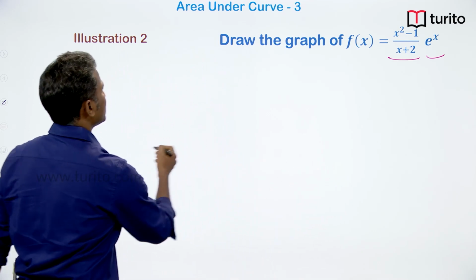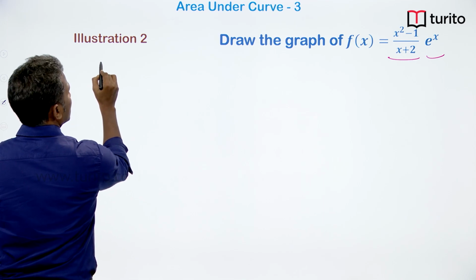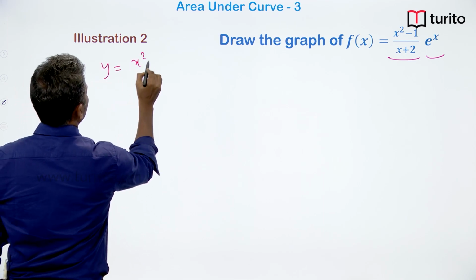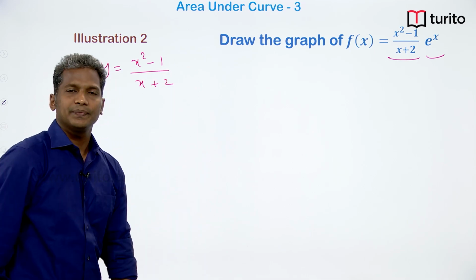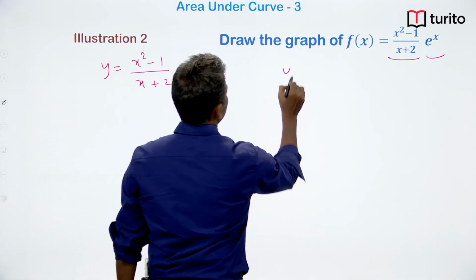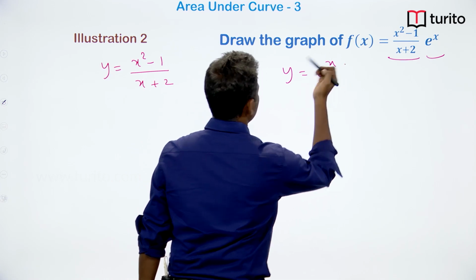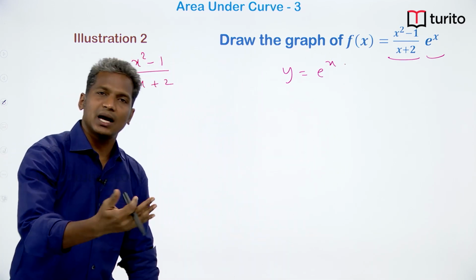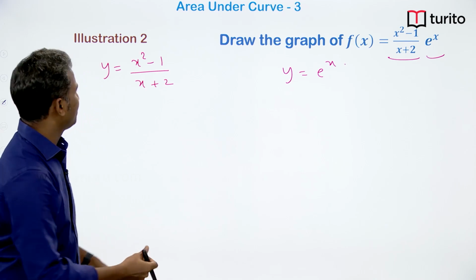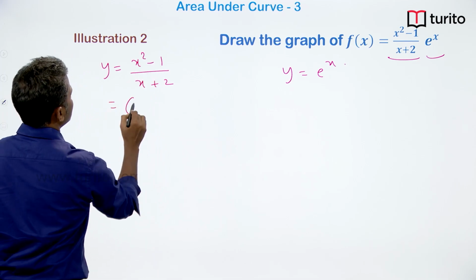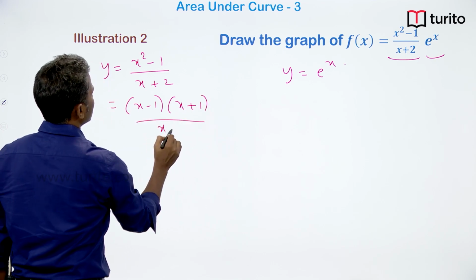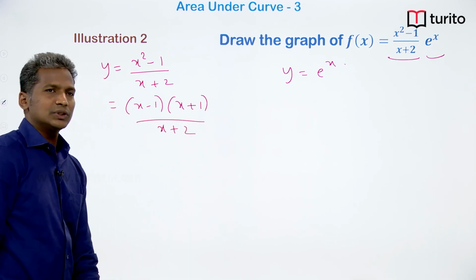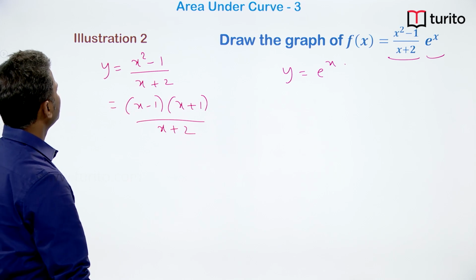First I will take the function x square minus 1 by x plus 2, and then I will take the function y equal to e raised to x, and then I will analyze both of them separately. First, if I factorize this, I will get x minus 1 into x plus 1 divided by x plus 2. So, how will this graph look?